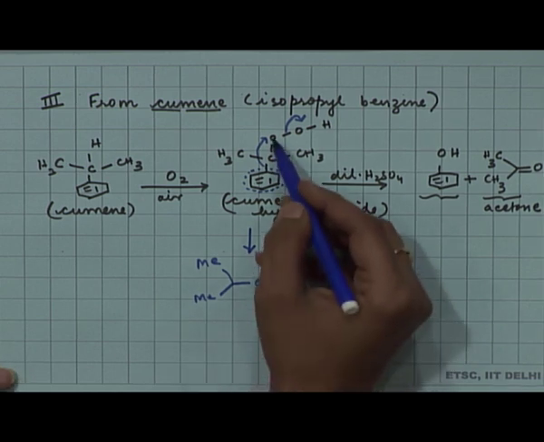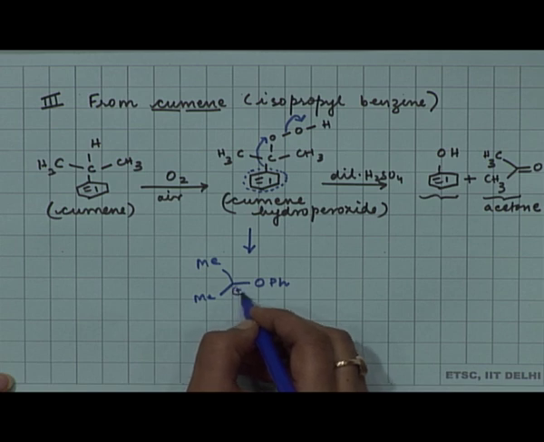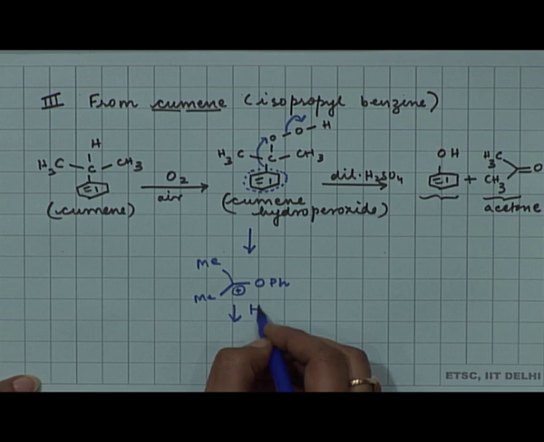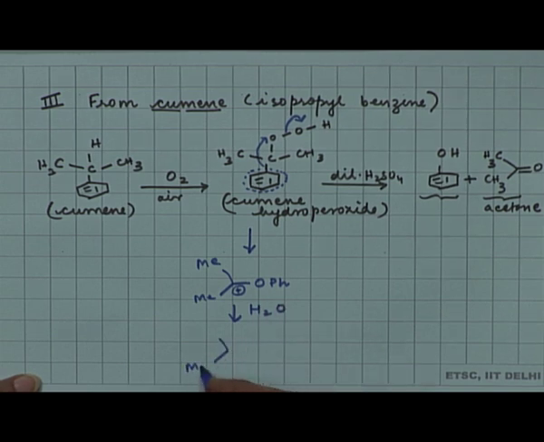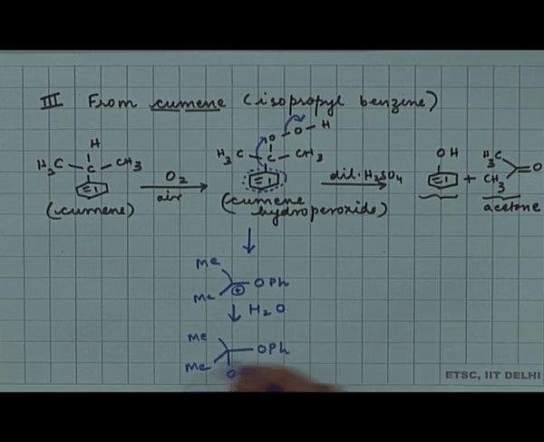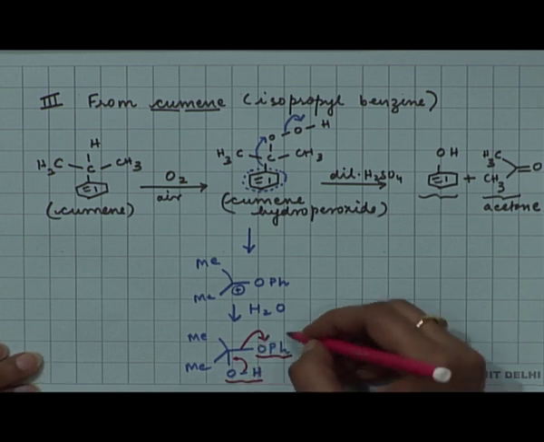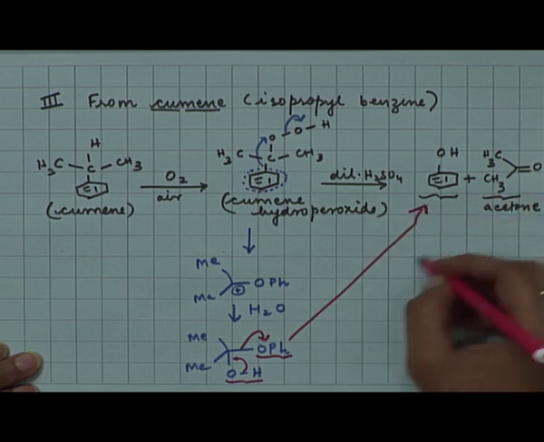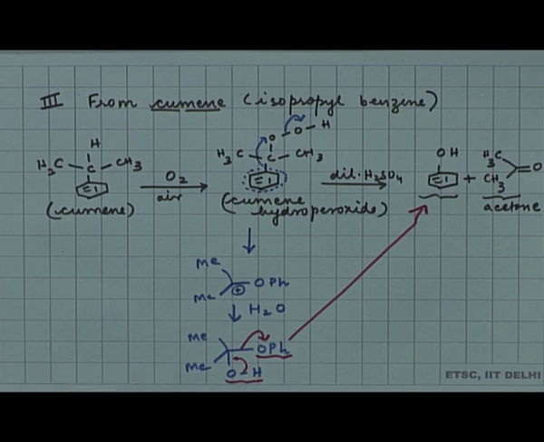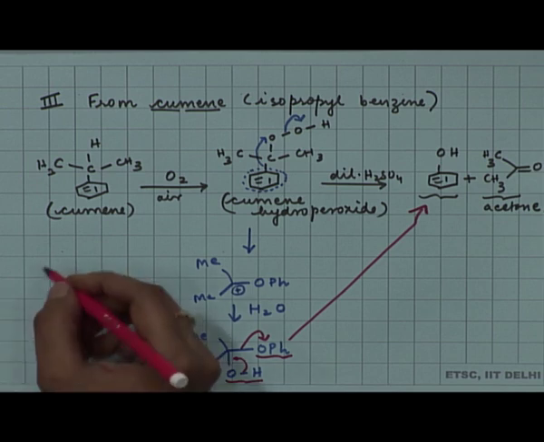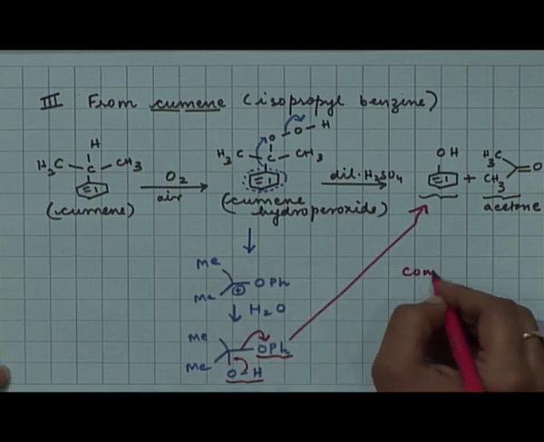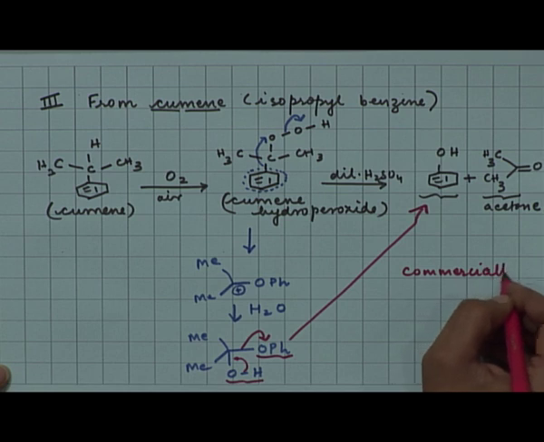The phenyl group migrates towards the oxygen, you get this intermediate with this carbon bearing a positive charge, and then you get this intermediate in which you have two leaving groups on an sp3 carbon. So, this leaves, and from here this is what you get, the phenol and formation of acetone. So, this reaction is a commercially successful process of making phenols.